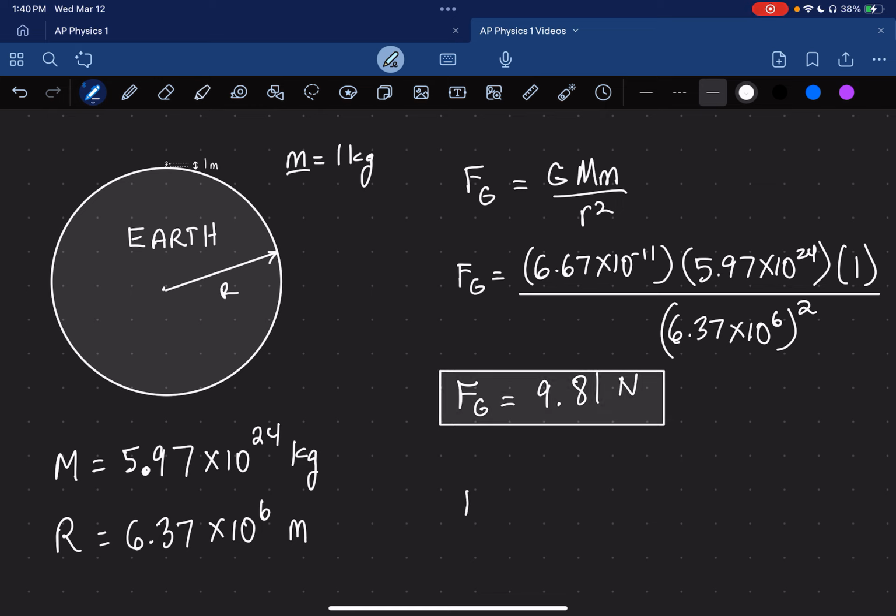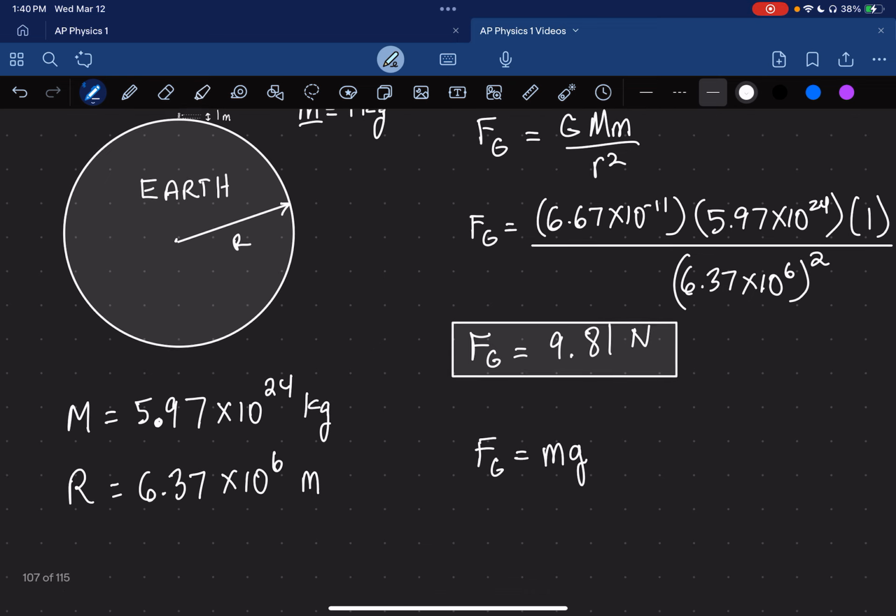This is why it's not surprising. We've done this back when we did forces. Anytime we draw a free body diagram, the gravitational force on an object is mg. And so the mass of your 1 kilogram object, now normally we use 10, but if you want to use the real number, it's 9.81.